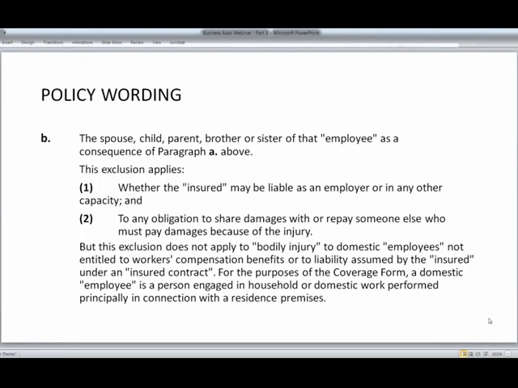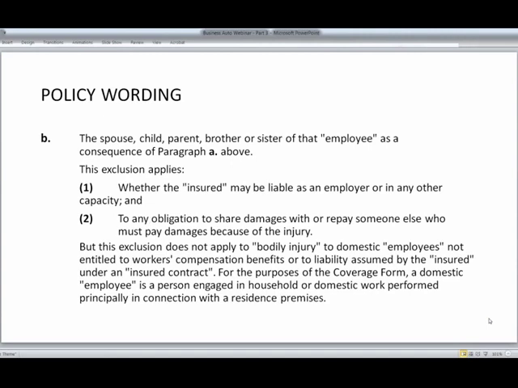hold harmless indemnification agreement. And so by reading the exceptions to the exclusion for injuries to employees, the exception says that this exclusion does not apply to domestic workers, which we're not dealing with here, or to liability assumed by the insured under an insured contract. So in this case, what has happened is that now your insured has 2 exposures.